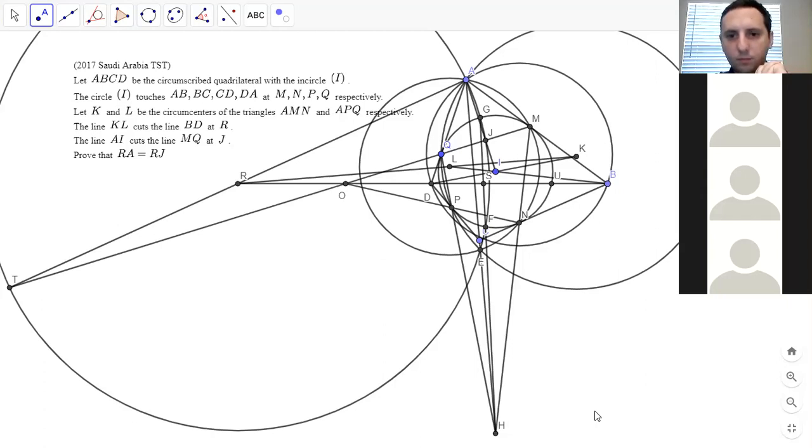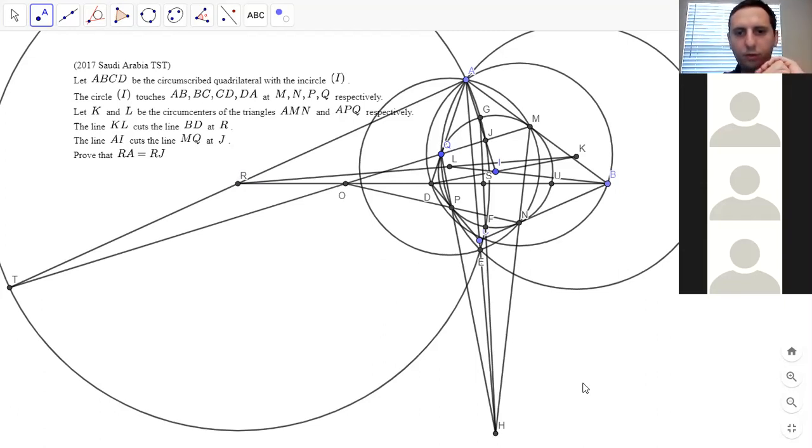How does RSDB being in harmonic conjugation solve it? Oh, I was thinking H, S, F, G. But if we know that those are in harmonic conjugation, then that means that S is on the polar of H. And we also know that R is on the polar of H. So we already know that BD is the polar of H. Okay, wait a sec.